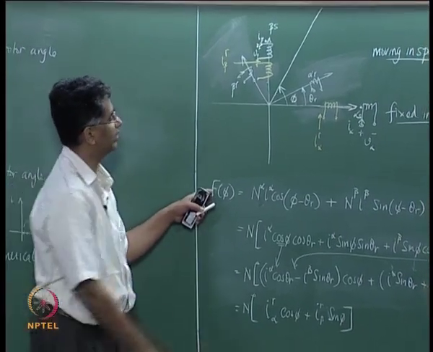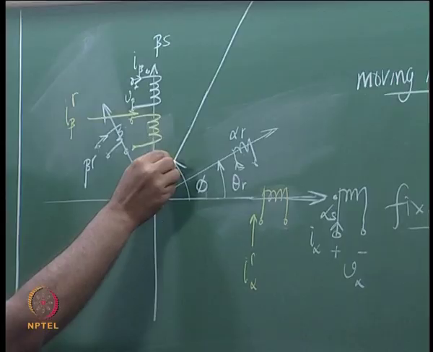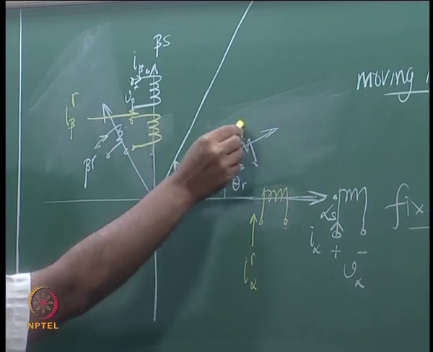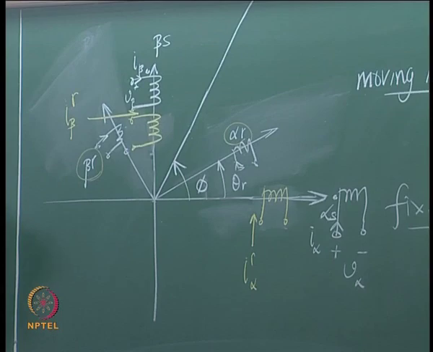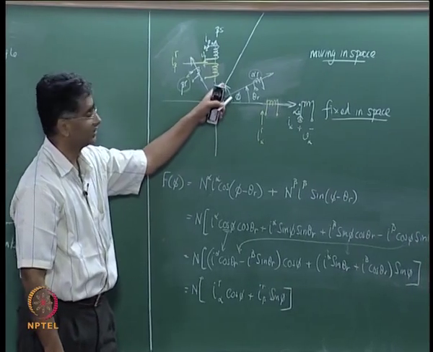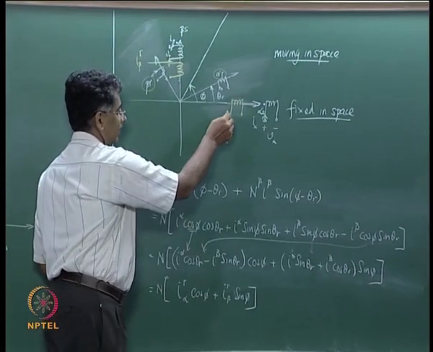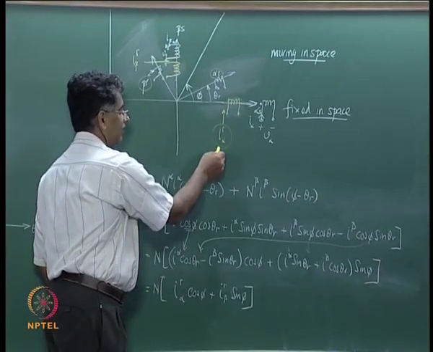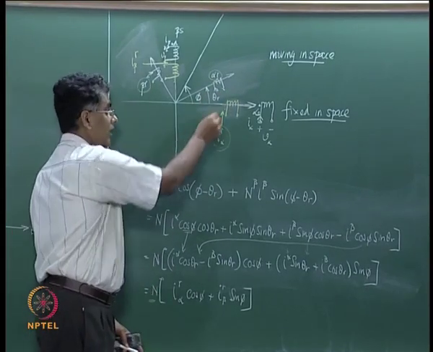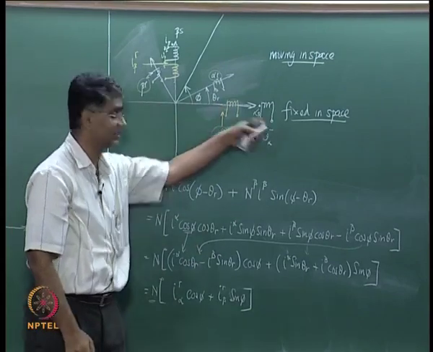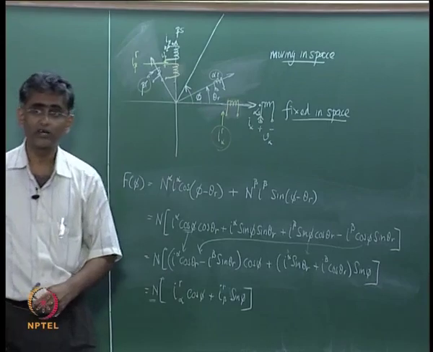We started out with the MMF at this angle phi produced by the alpha coil on the rotor and the beta coil on the rotor, and we find that that MMF is the same as that which will be produced by a current I r alpha flowing on a coil having the same number of turns, but placed along the alpha s axis, and another coil placed along the beta s axis.